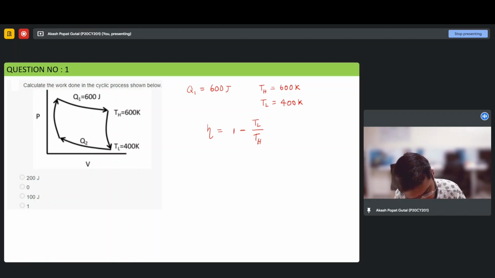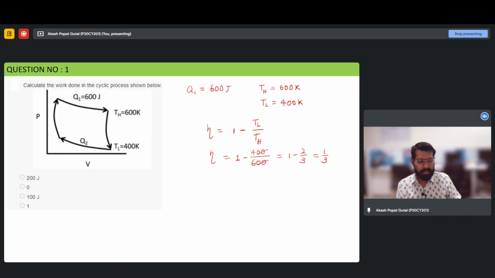So we can calculate the efficiency: 1 minus TL, which is 400, divided by T higher, which is 600, which gives you 1 minus 2 by 3, which is 3 by 3 minus 2 by 3, which is 1 by 3. The efficiency is 1 by 3.